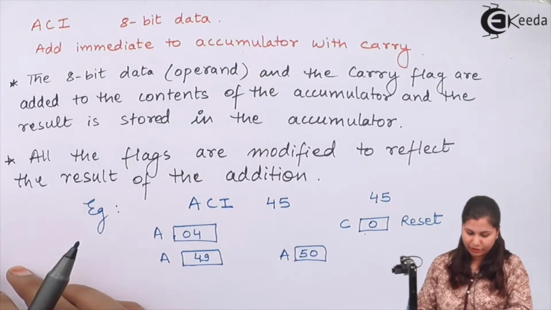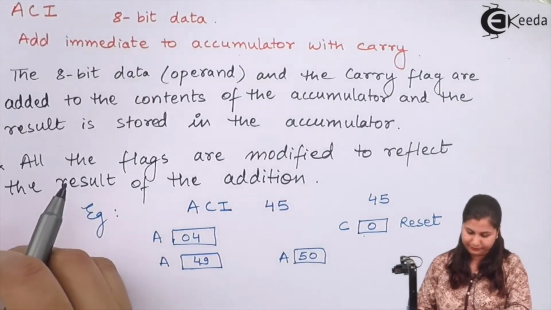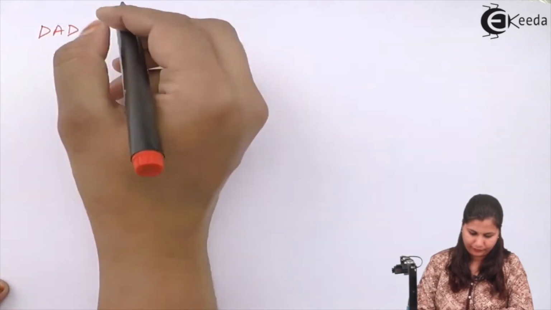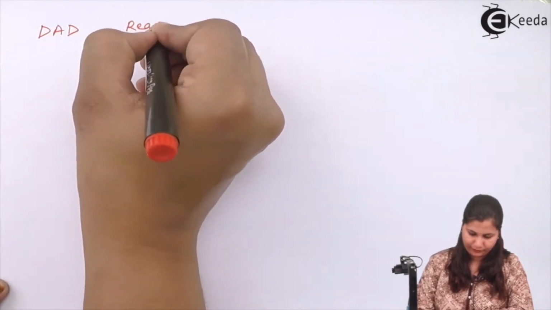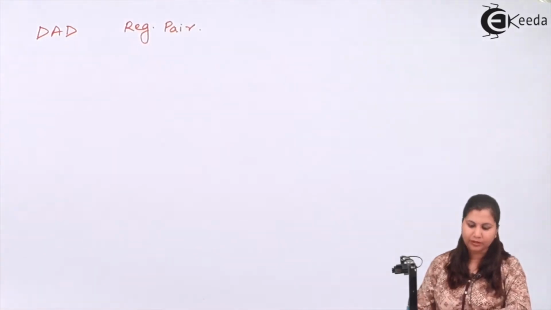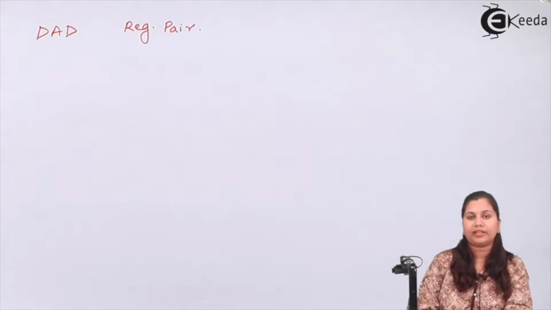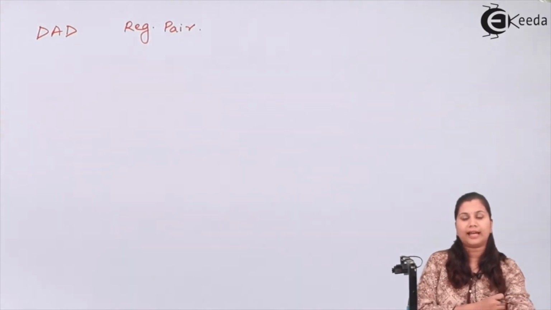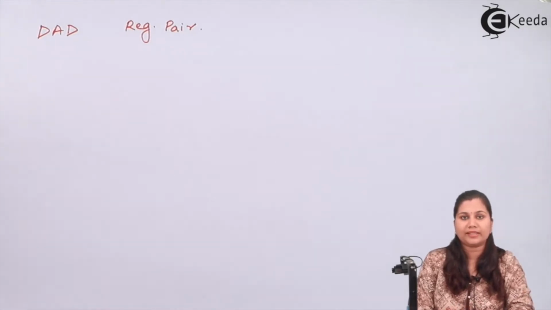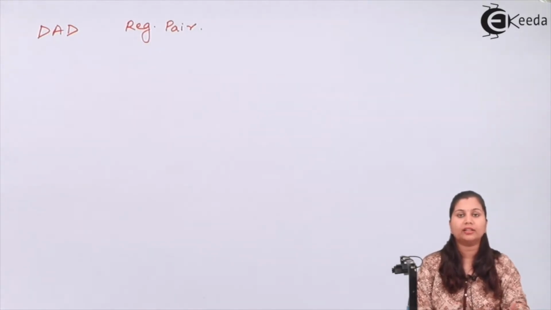Now the next instruction is DAD. Now in 8085 there is an exception: the contents of registers cannot be added directly. If you want to add any of the registers, then you have to add it to the accumulator.